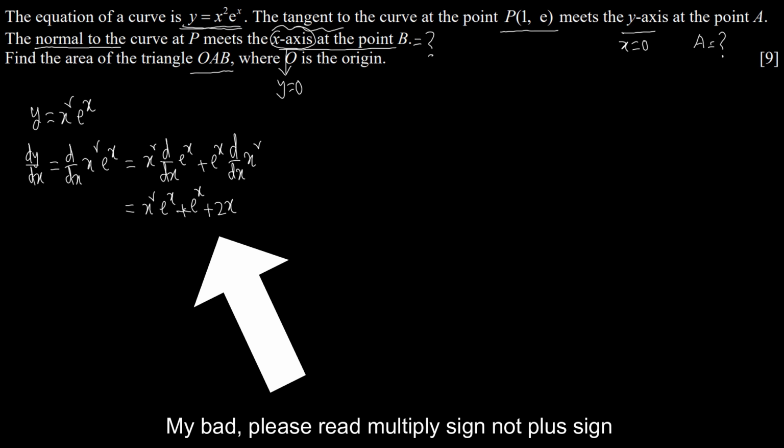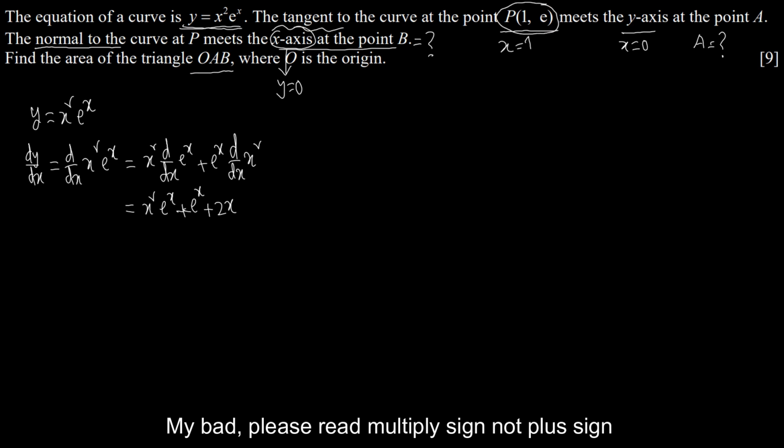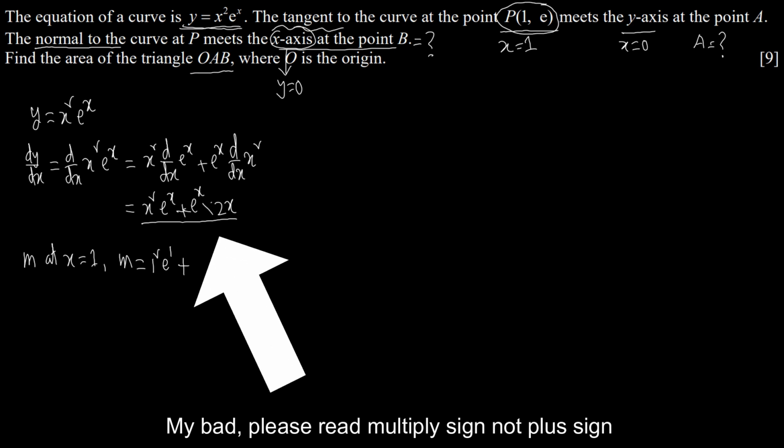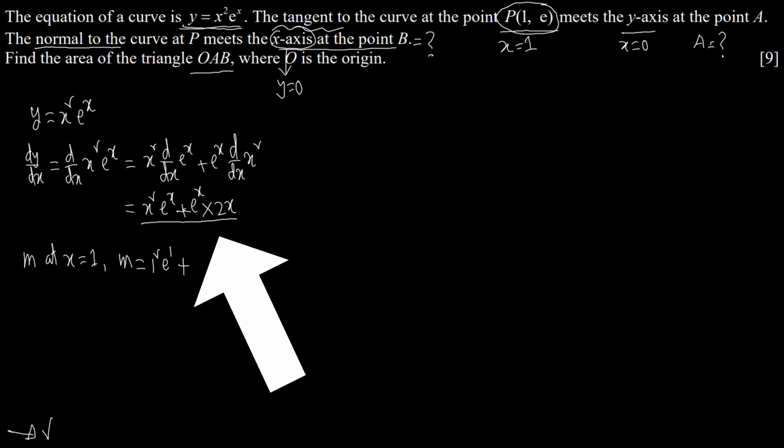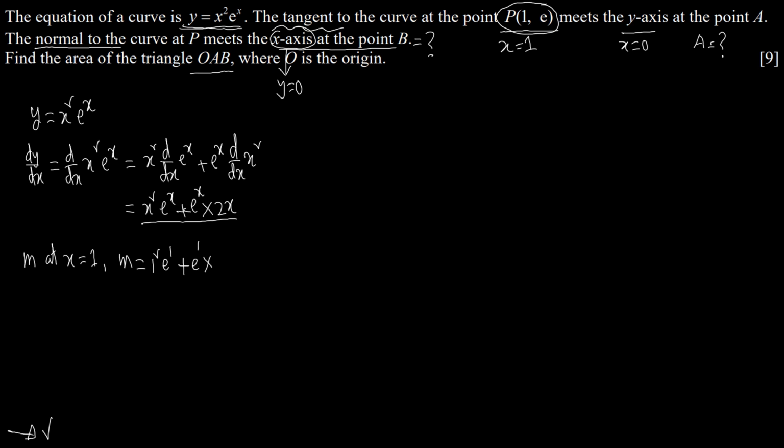Now the point P is given, and its x value is 1. We are going to put this value in to get our gradient m at x equals 1. So m equals 1 squared e to the power 1, then plus, I'm extremely sorry, it's not a plus sign, it's a multiplication sign: e to the power 1 into 2 into 1.